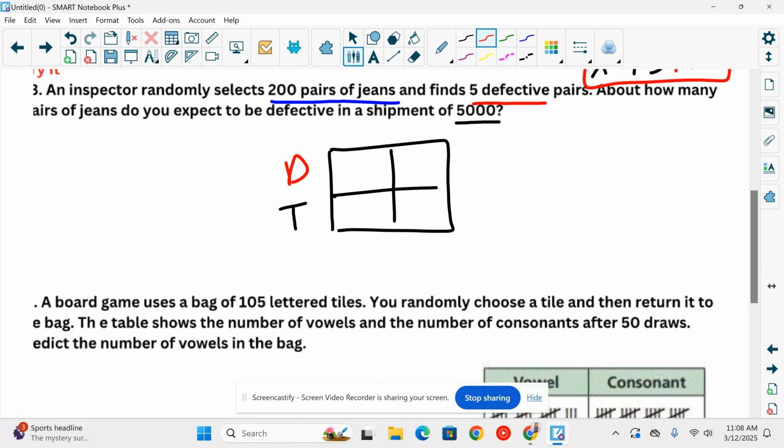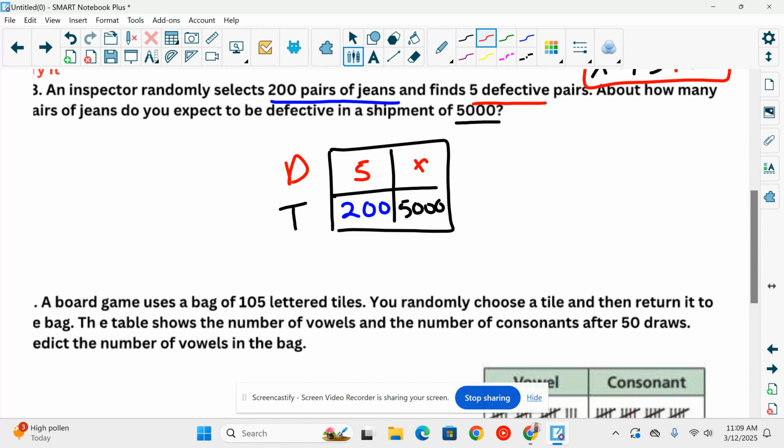So where am I going to put that? What's going to go at the total? 200. What's going to go as our defective? 5. Now, out of the total shipment that we have, where's that going to go? Right next to it. Bottom right. And we have to figure out how many are defective here.